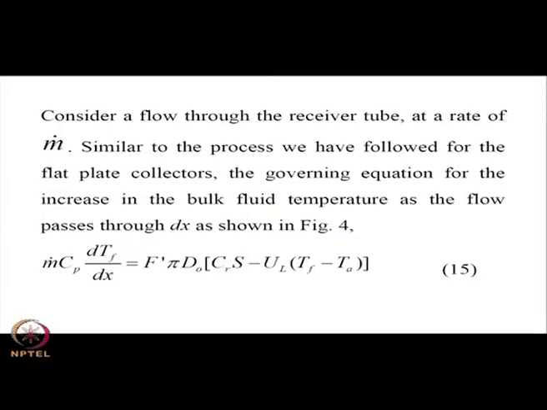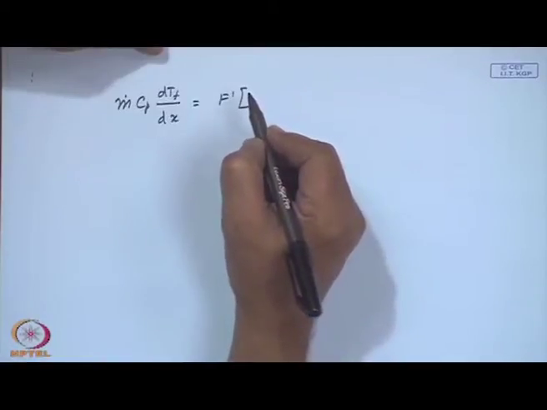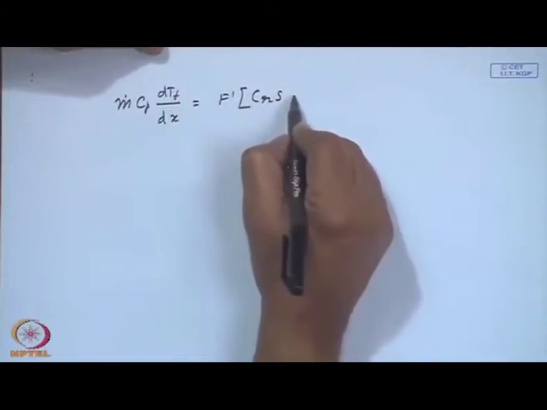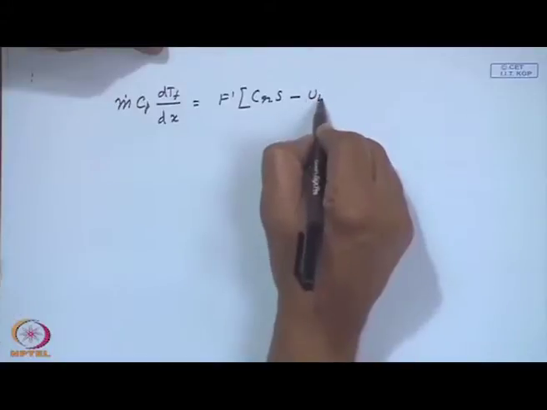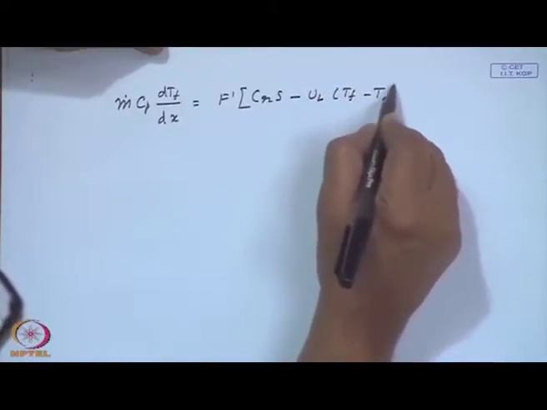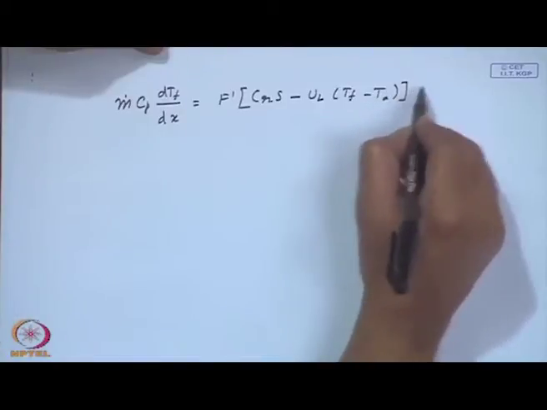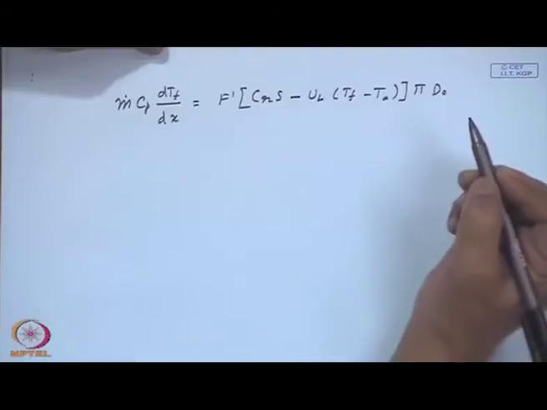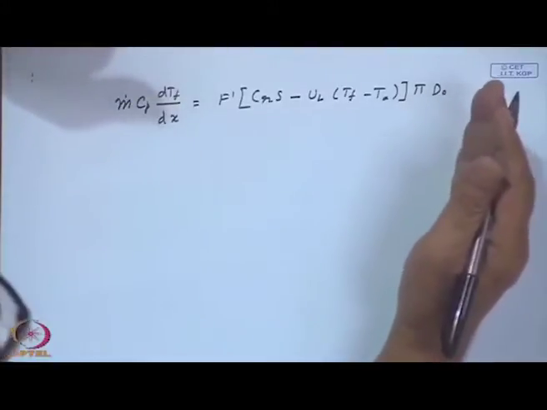This should be equal to F dash, the collector efficiency factor, into concentration ratio times the absorbed energy, minus UL into Tf, the fluid temperature, times your area, which is pi d naught per unit length.